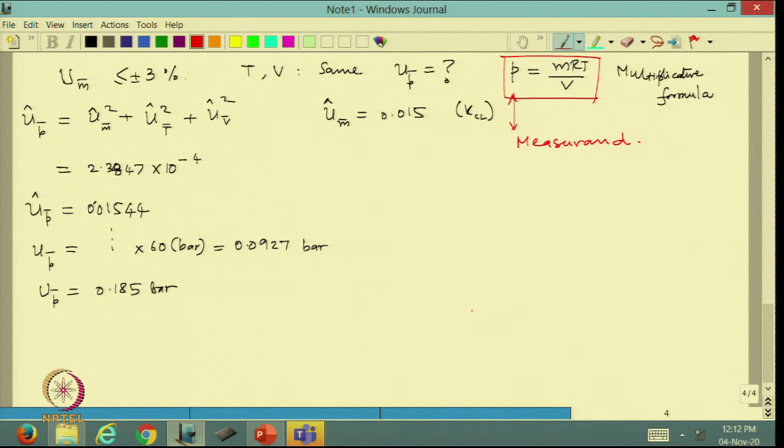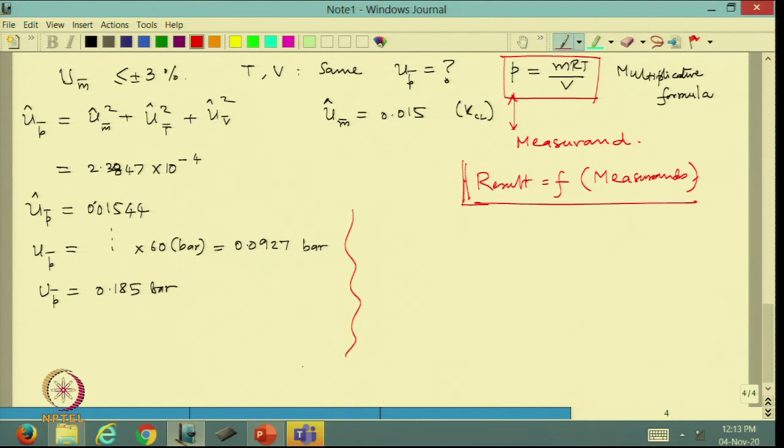And in uncertainty analysis, we have always written that the result is a function of the various measurands, or we have called these parameters or variables. So, the entire analysis rests on this logic. To recast the equation in this form distorts this basic requirement of the uncertainty analysis, and so this is wrong. So, this entire answer that we have done here is wrong.